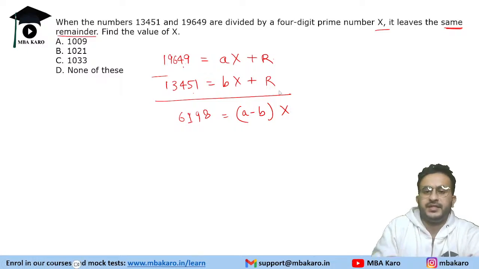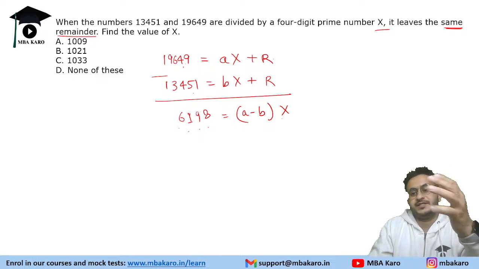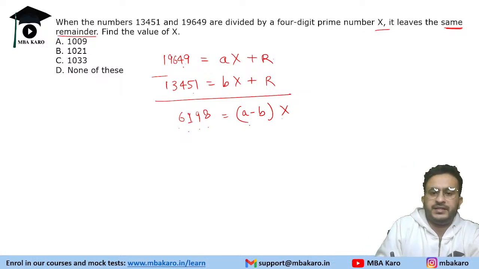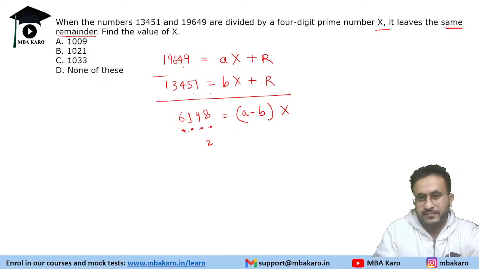Now see this thing, that (a - b) times x is 6198, right? x is a 4-digit number. Now can we find any factors for 6198? 2 is a factor. Then if you see, it is divisible by 7, and 17 into 7, 24.